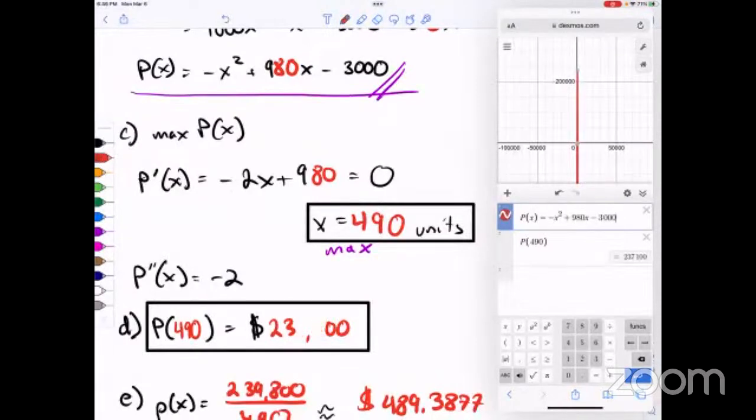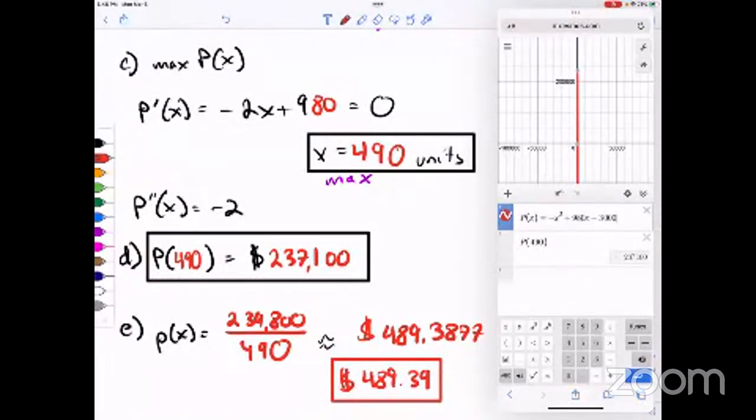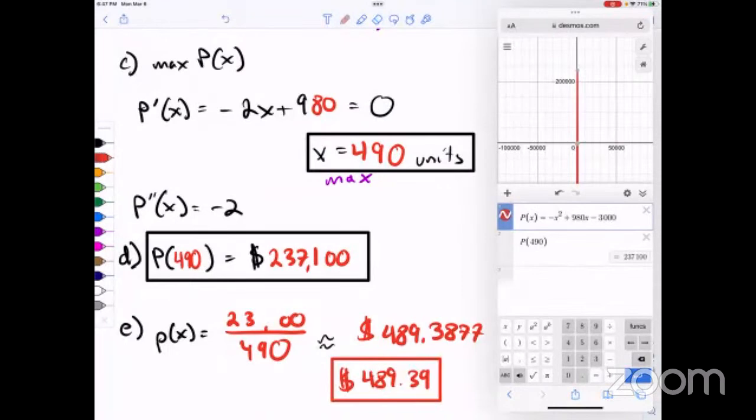Okay, that's fine. So then right here, this changes to 237,100. Hey Siri, what's 237,100 divided by 490? 237,100 divided by 490 is approximately 483.8775.